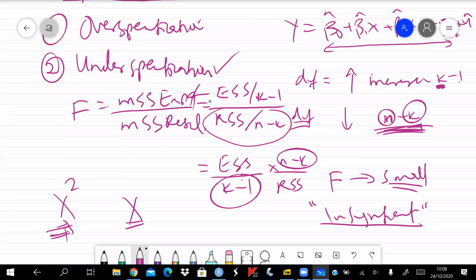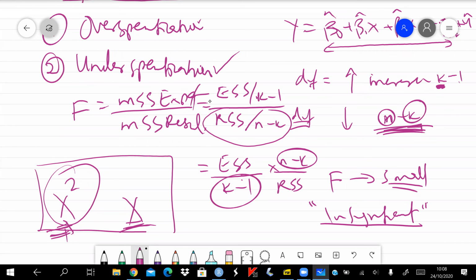So the effect which was to be captured by x squared is left out. That's what we call underspecification, and it will affect your predictions more than overspecification. So underspecification is a more serious problem. For more details, you can check the class notes or the slides.